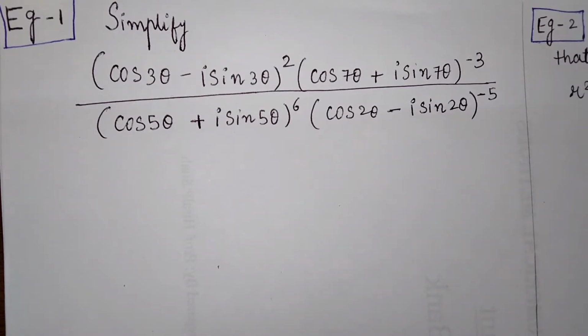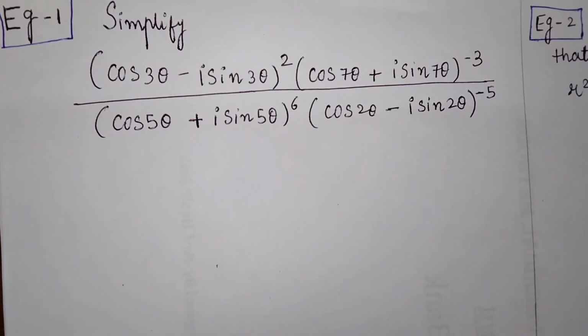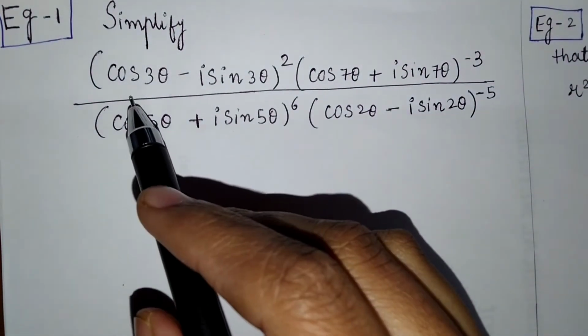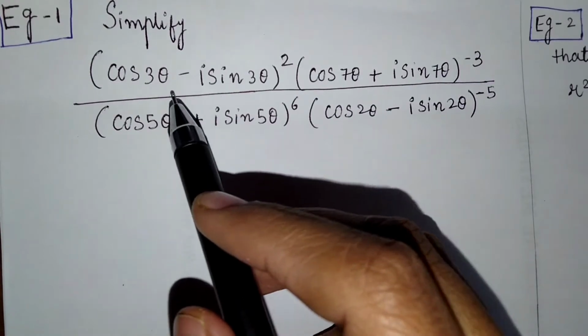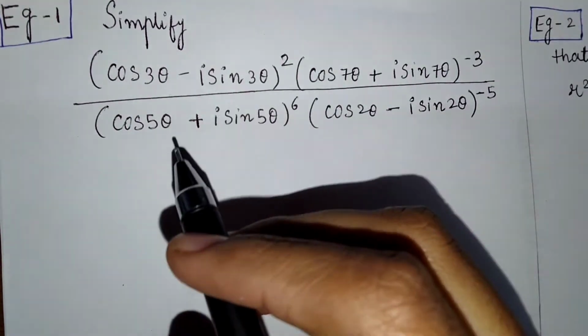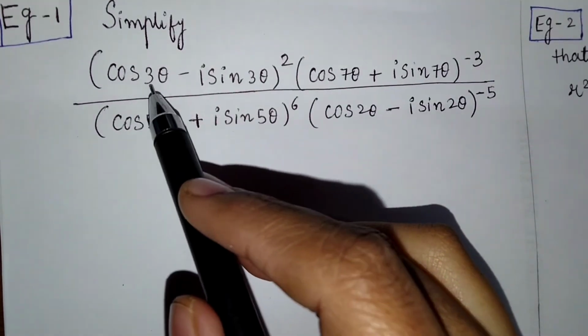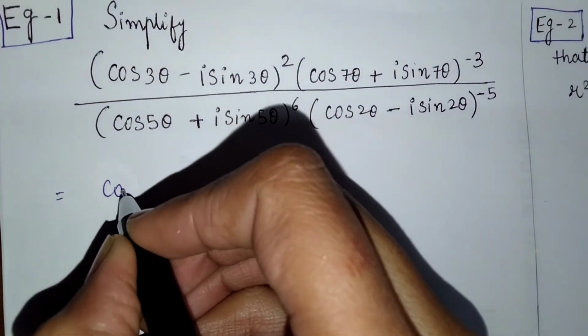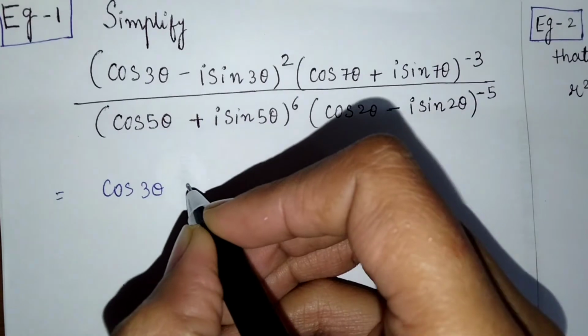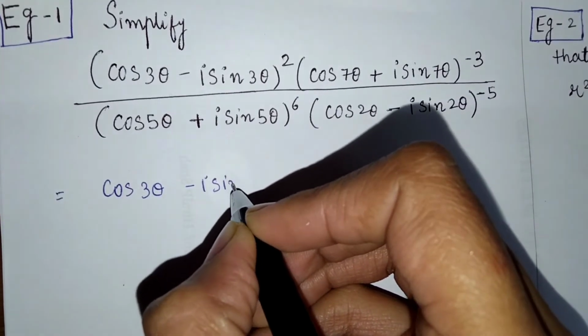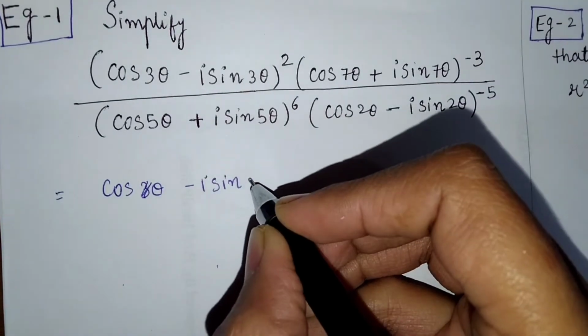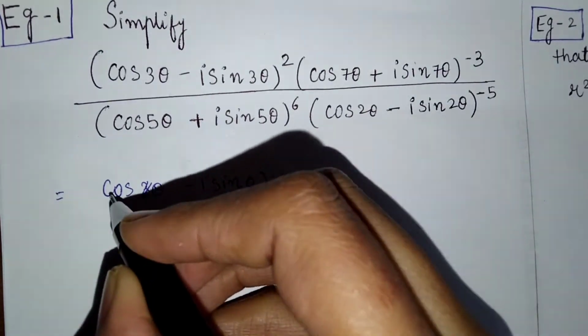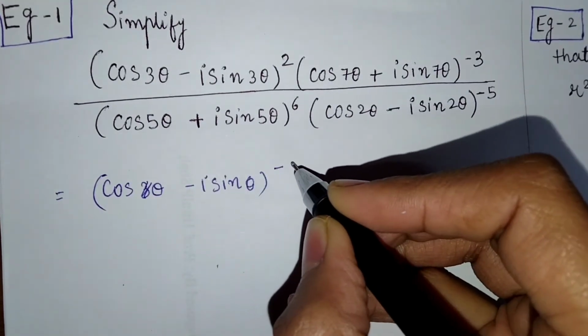Now according to De Moivre's theorem, we know that whenever we have cos theta plus i sin theta, then we can write like this. We can take this 3 outside the bracket. So we can write cos 3 theta minus i sin 3 theta as (cos theta plus i sin theta) raised to minus 3.